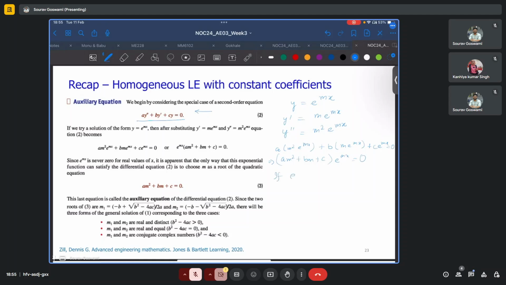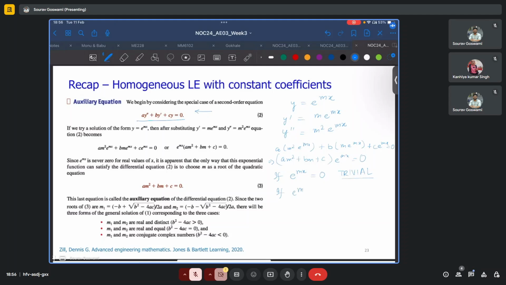Now, if e power mx is equal to 0, then y is equal to 0, and since y is 0, y prime is also 0 because it's just the derivative of a constant. Y double prime is also 0, and then the equation is trivially true. So this gives us a trivial solution.